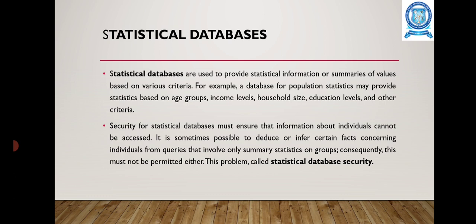A secure statistical database must ensure the information about individuals cannot be accessed. It is sometimes possible to deduce or infer certain facts concerning individuals from queries that involve only summary statistics on groups. Consequently, this must not be permitted either. This problem is called statistical database security.